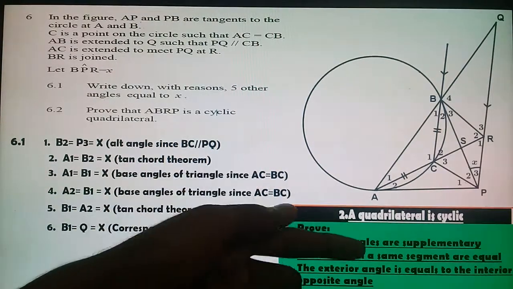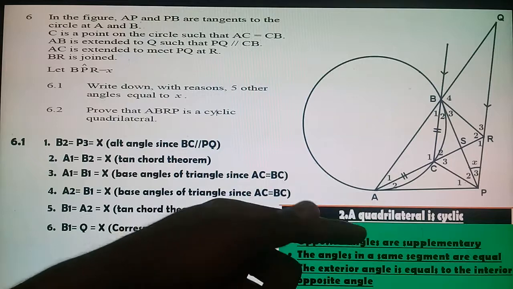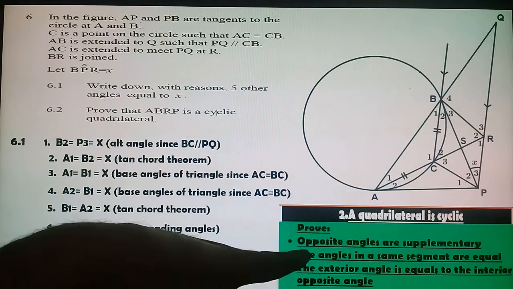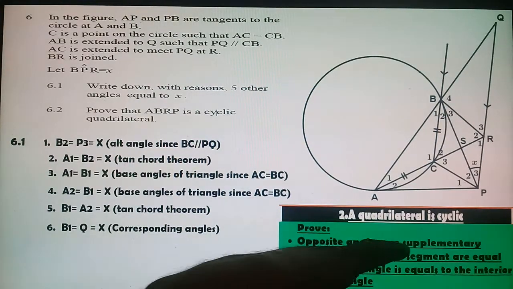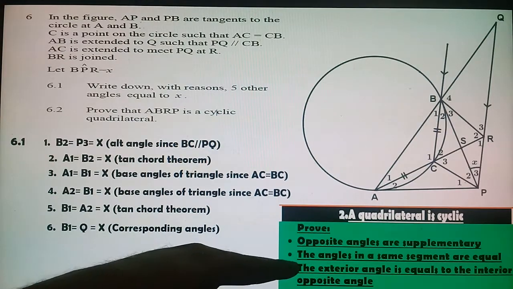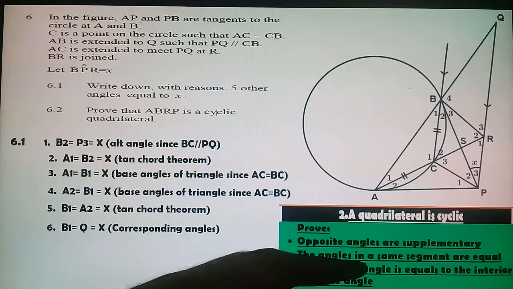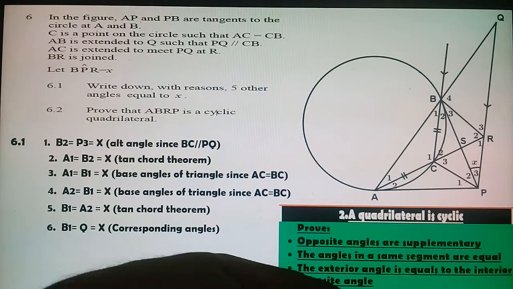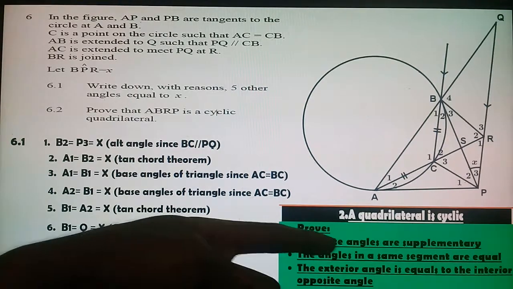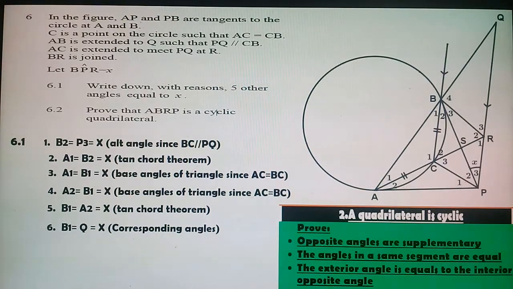To prove that this is a cyclic quadrilateral, you can show either that opposite angles are supplementary, or you can use that angles in the same segment are equal, or the third one, the exterior angle is equal to the interior opposite angle.